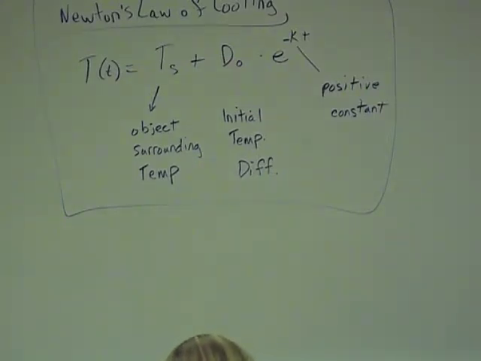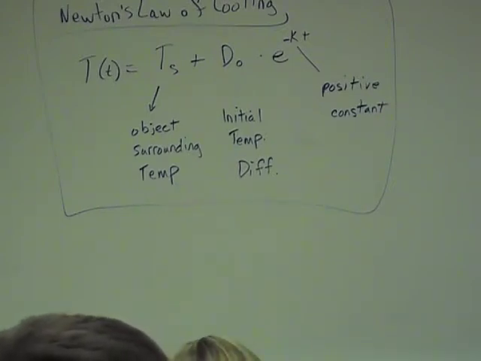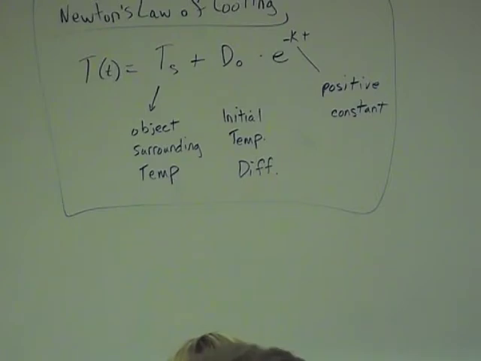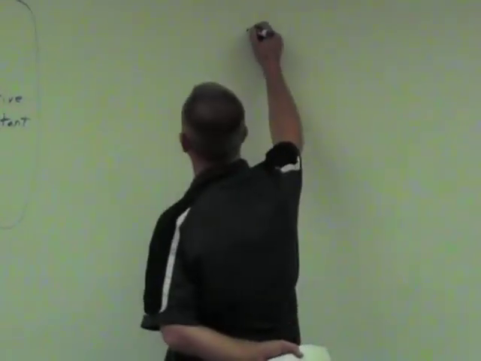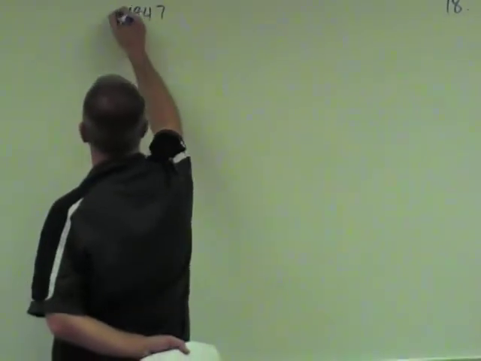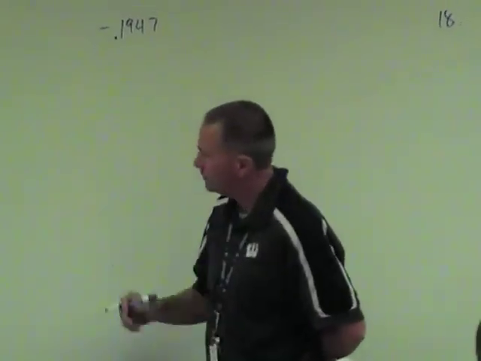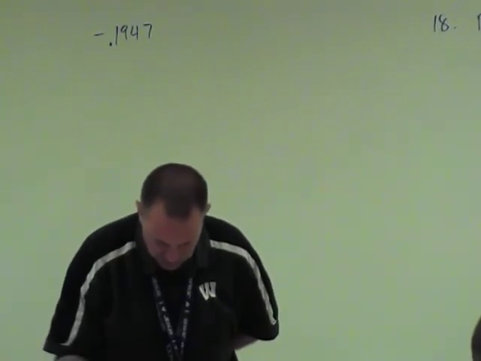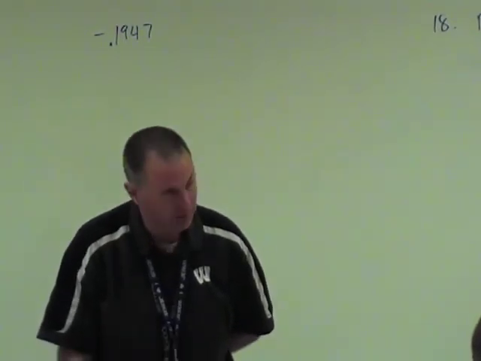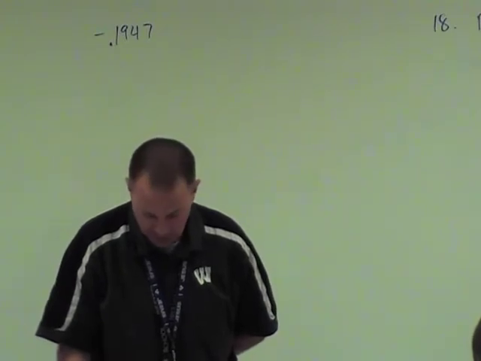The normal body temperature is 98.6 degrees Fahrenheit. Immediately following death, the body begins to cool. It has been determined experimentally that the constant in Newton's law of cooling is approximately 0.1947. That's k, so put a negative on it. Assuming that time is measured in hours, that's what we're looking for here, hours.